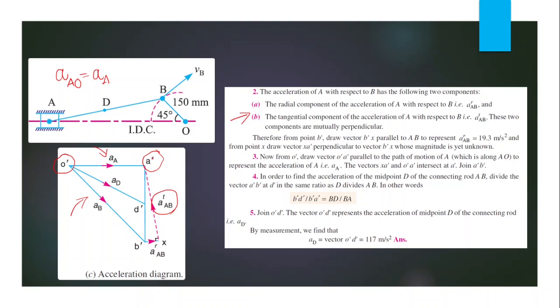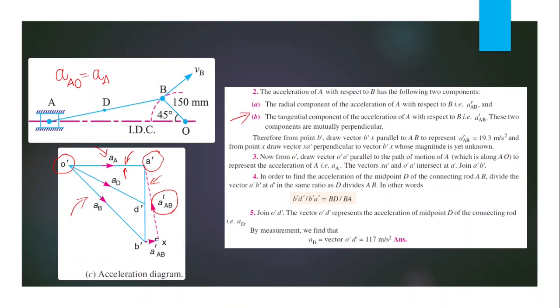Then we can find this point A dash as the intersecting point of this line and this line, because when this point is A dash, this particular line is the acceleration of A with respect to O, and this other line is the tangential component of acceleration of A with respect to B. This intersecting point must be A dash.